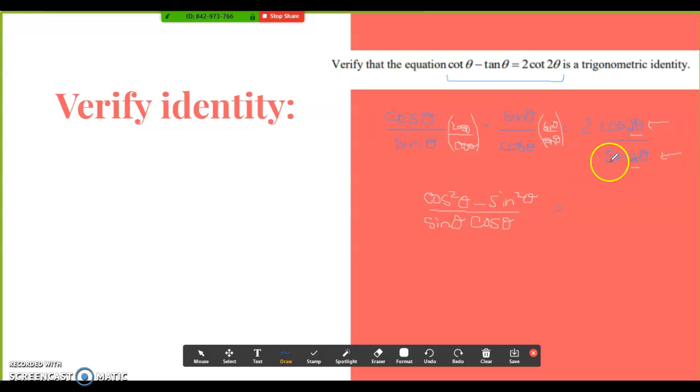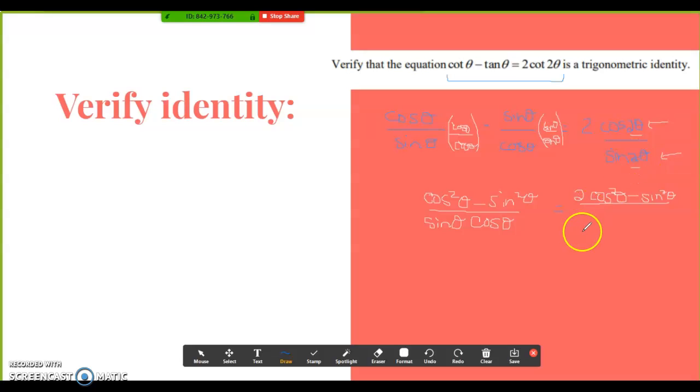So if I expand the numerator out, I know that the numerator would just be 2 times, and remember, one of the forms of the double angle formula for cosine is cosine squared of theta minus sine squared theta. Right?